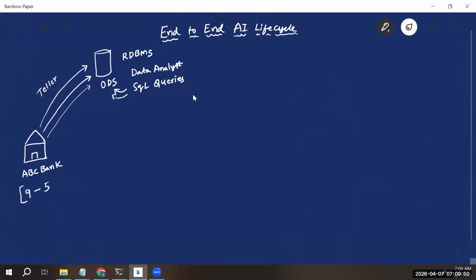Imagine the bank runs from 9 to 5, generally runs up till 3 o'clock, but after that, there are some closing works. But just imagine the business works from 9 o'clock to 5 o'clock. Then the SQL queries used to run after the business hours. So the concept of nightly jobs came into picture.